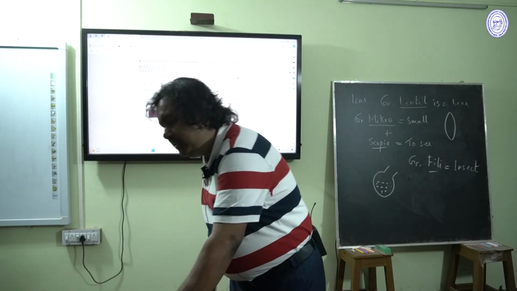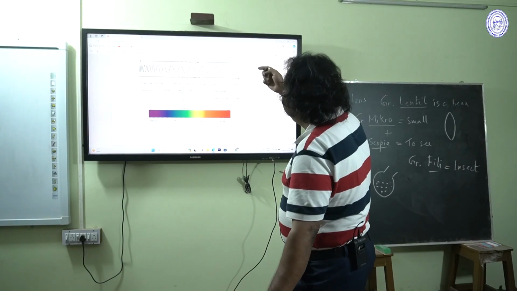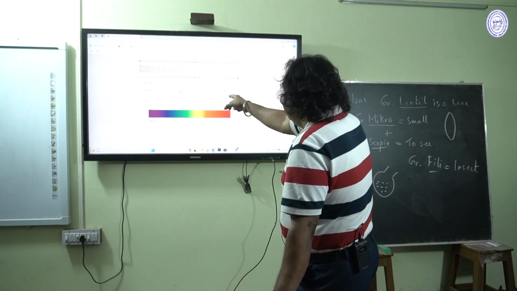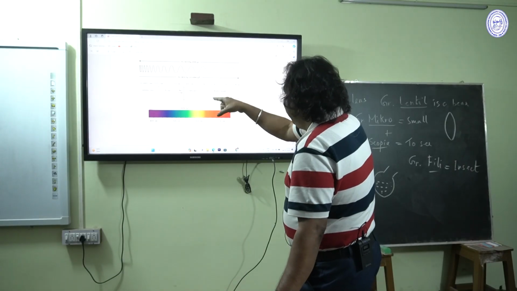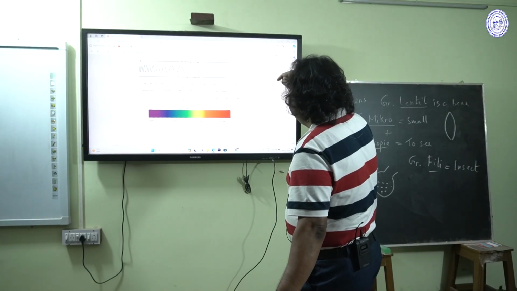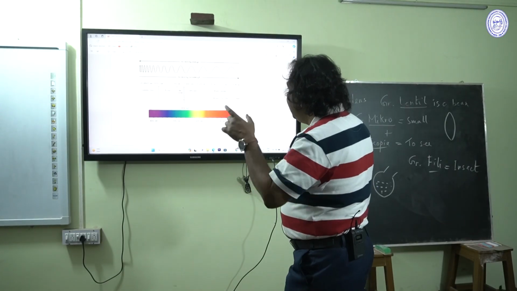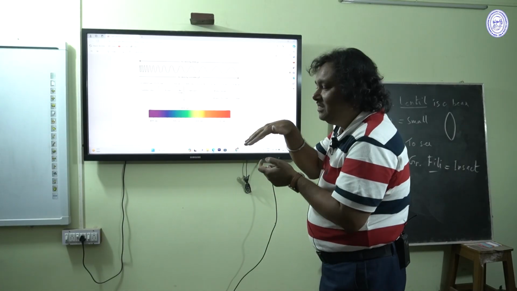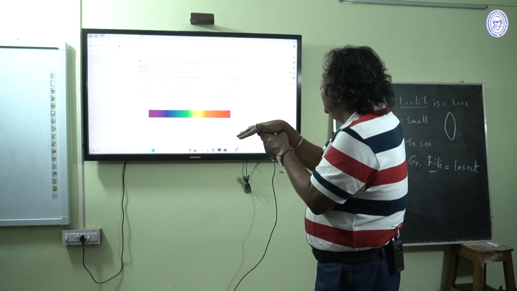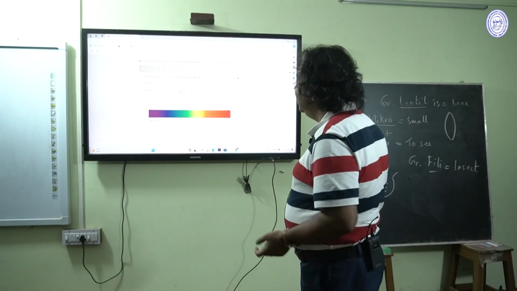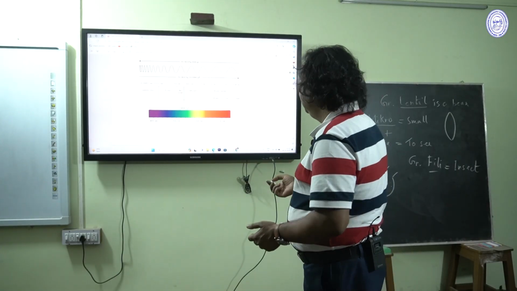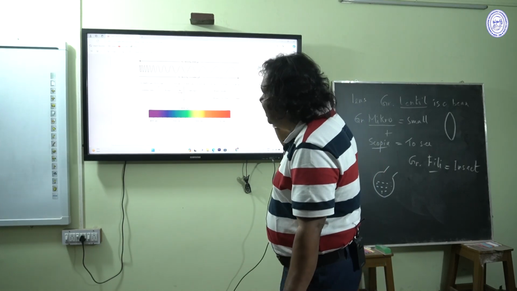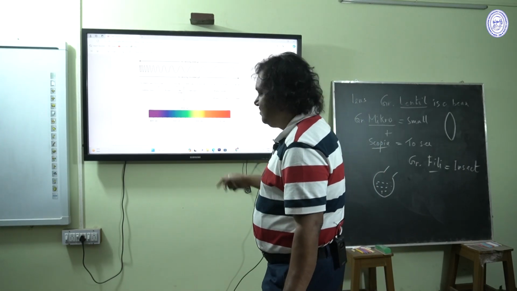This is the type of electromagnetic radiation. Here are the UV rays, gamma rays, X-rays, infrared rays, radio waves. From left side to right side, the wavelength of light is increasing. But from right to left, the ionization energy is increasing.